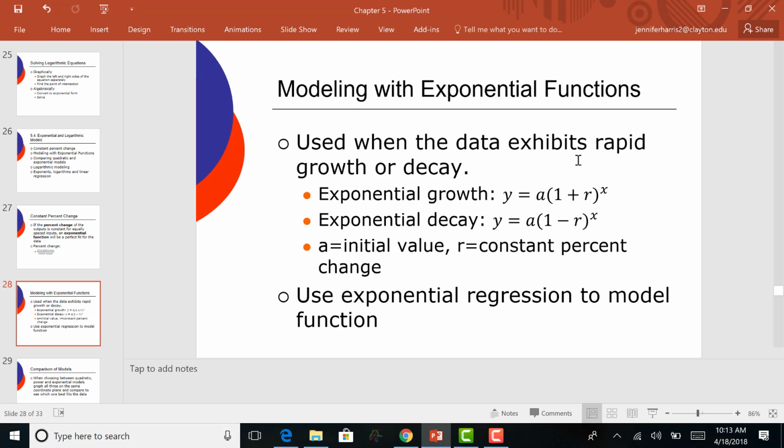In the next one, notice what B became this time. What did B become? It's going to be 1 minus whatever that rate is. So if the rate is 0.05, what's going to happen to the rate? It's going to decrease.